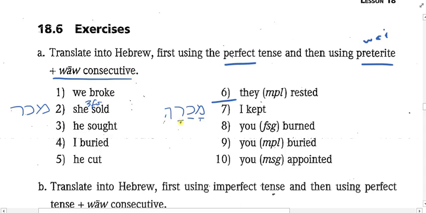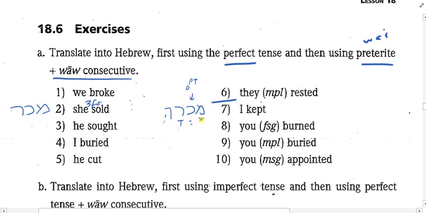And when I do, that's going to leave this open and pre-tonic. And Hebrew verbs will always reduce syllables that become open and pre-tonic to a vocal shiva. So that's what I'm going to do here. Makar has to become makra.